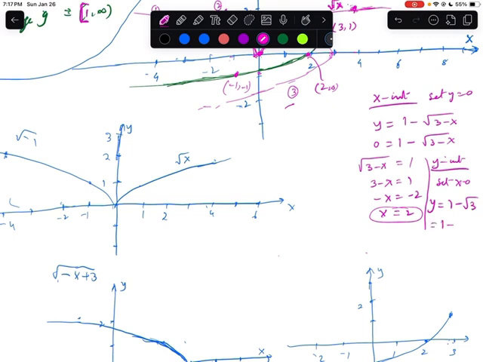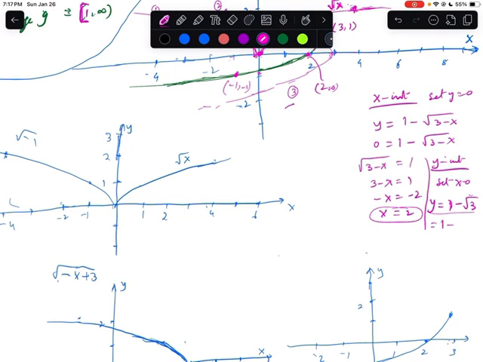If not, you just leave it like this. It is showing that we have to subtract square root of 3 from 1, and square root of 3 is a number bigger than 1, so we'll get a negative answer.